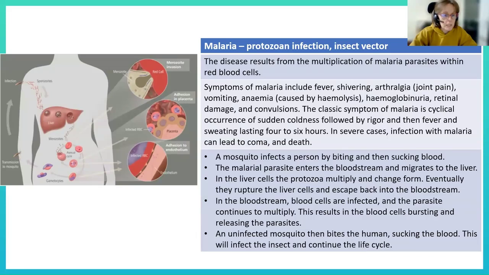And this results in blood cells bursting and releasing the parasites. And then another mosquito will come along, one that hasn't got the malarial bug, and it will pick up these parasites whilst feeding on your blood, and then it will carry them to the next person, the next host, and then they'll get infected, and this whole life cycle continues.